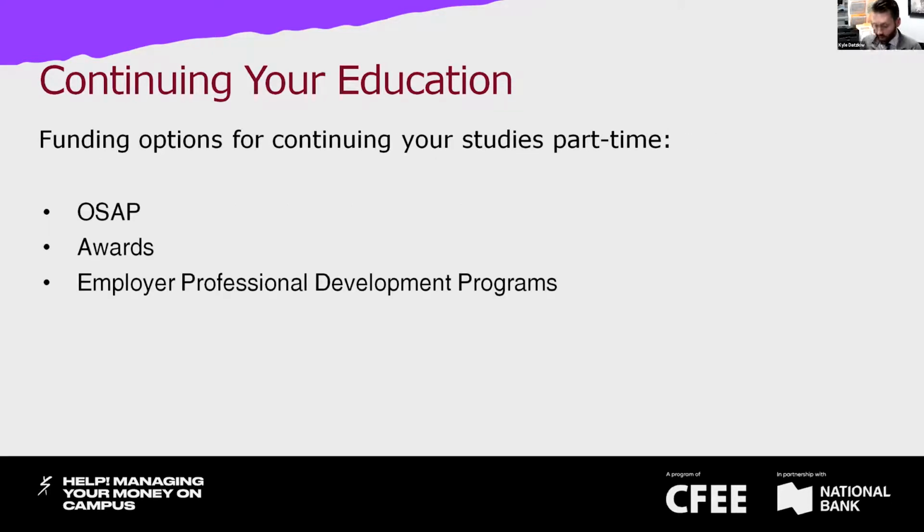Now, if you're continuing as a part-time student through Mohawk Continuing Education or Mohawk CE, there are financial assistance options available, including OSAP, Mohawk Bursaries, and external continuing education awards. Students enrolled in a 20% to 59% course load may be eligible for part-time funding for educational costs through OSAP, and eligible students must apply through the regular application process that we've already discussed.